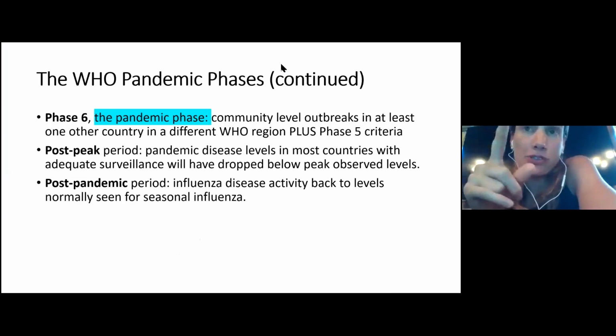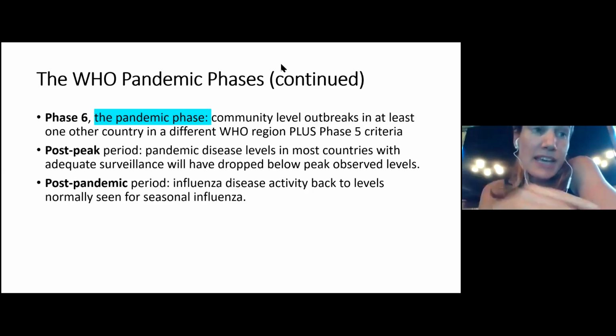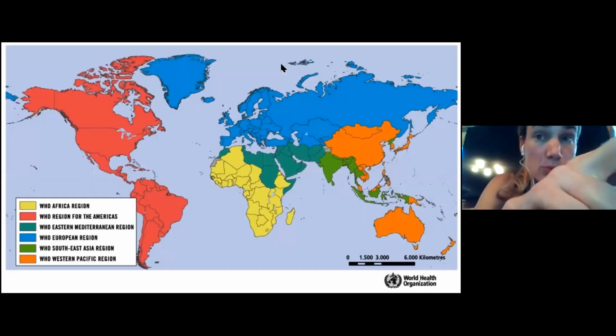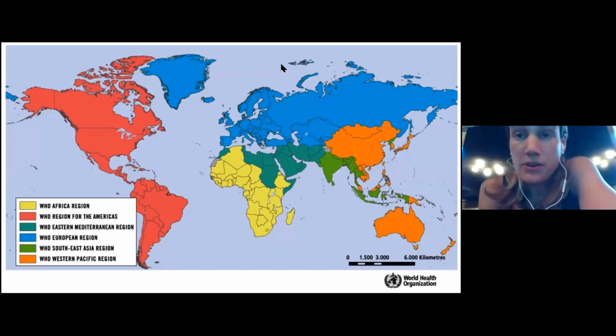That requires community-level outbreaks in at least 1 other country in a different WHO region, plus all the phase 5 criteria. I think that's where the issue was with Ebola: they did not confirm community-level transmission outside the, how do you call it, Africa region. So I guess that's the reason.